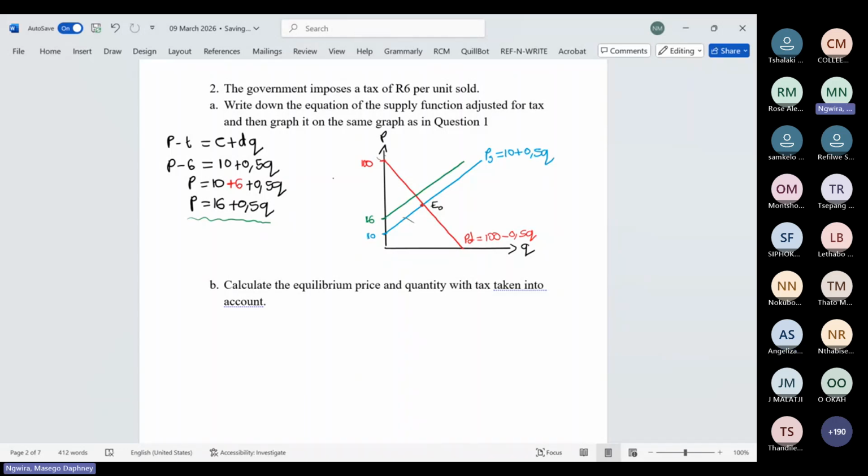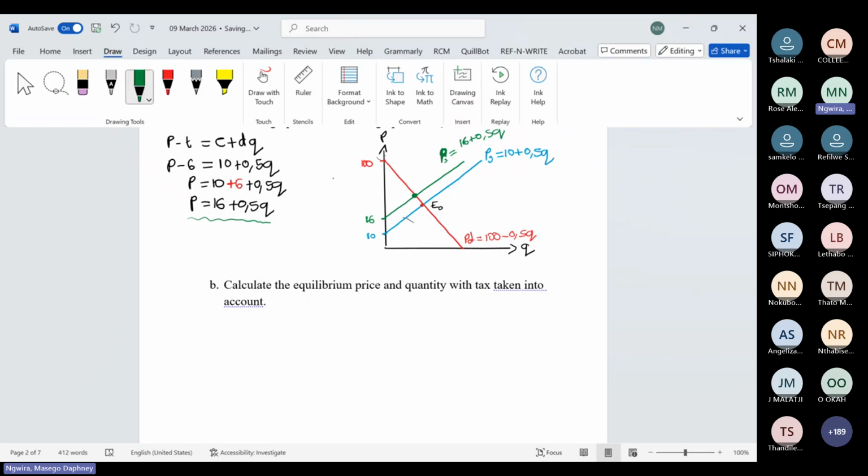So when we introduce this one, let me just write it. It's still PS, but for adjusted tax, it's going to be 16 plus 0.5Q. All right. And then we also have the intersection there. They wanted me to plot.